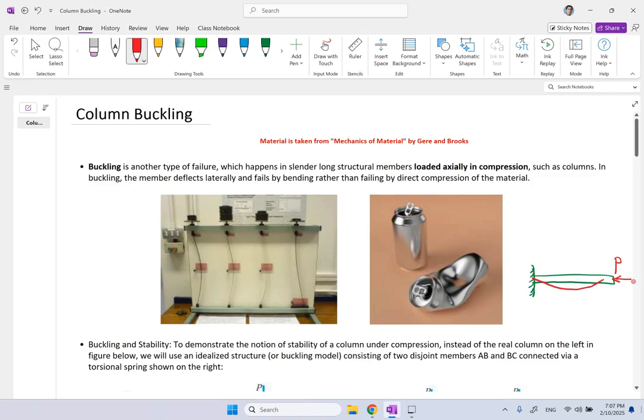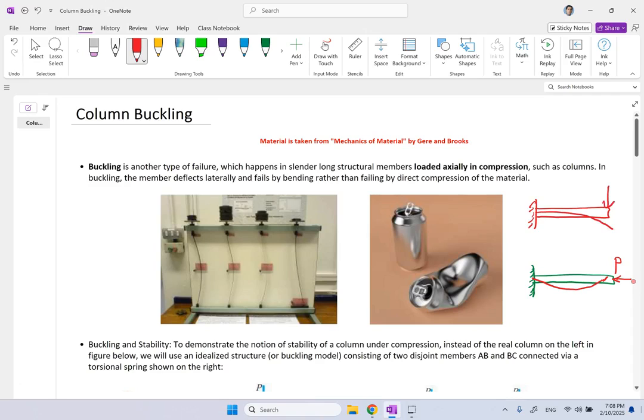So unlike the regular deflection where under a specific load, the deflection is a fixed amount, correct? So here, if this P is a fixed P, then this deflection is a fixed amount, right? The curve is fixed, static.